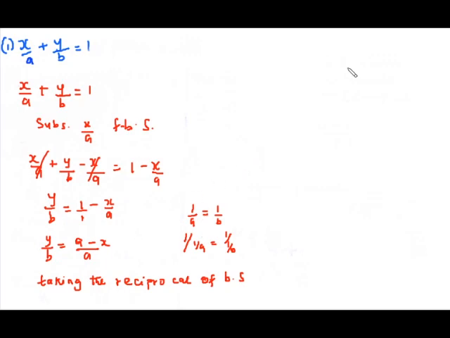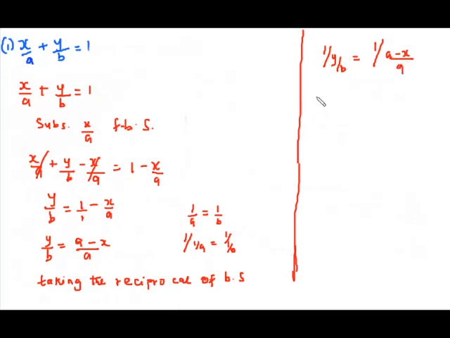So going back to the question, taking the reciprocal, we have 1 over y over b, which is equal to 1 over a minus x over a. Now 1 divided by y over b is equal to 1 divided by a minus x over a.